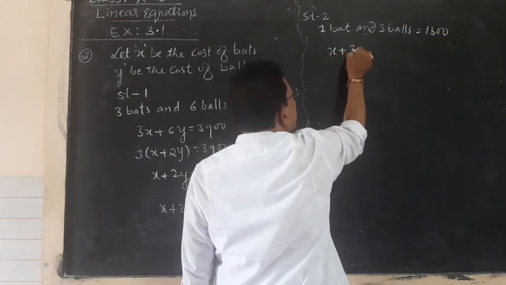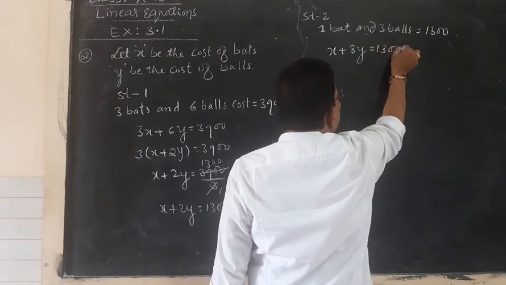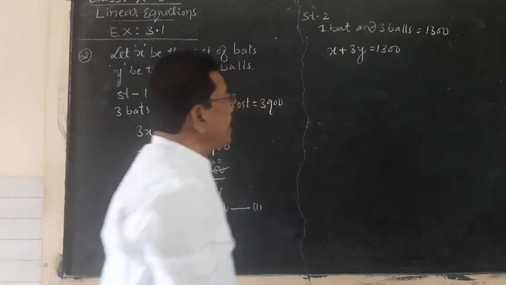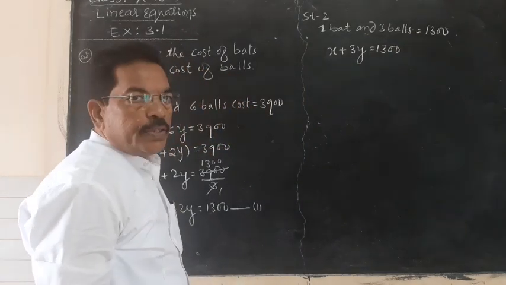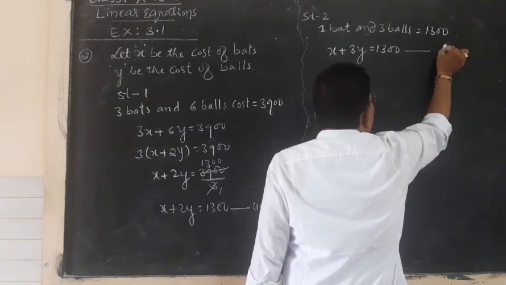Okay, x plus 3y equals 1,300. This one is the second equation.